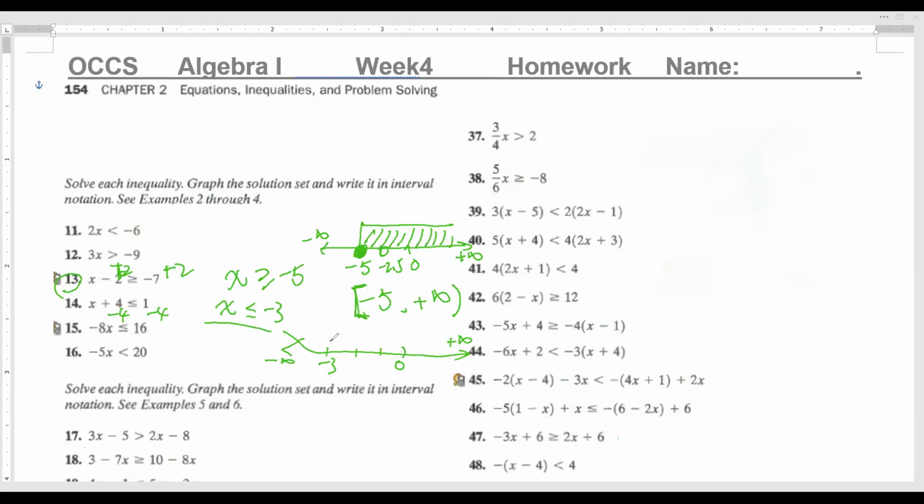Less than or equal, so you need to fill this hole, right? And less than means this is the biggest, so only left part. So when you write interval notation, it is negative infinity and -3. It's including, so we need a bracket, right? Don't use the parentheses, right bracket.